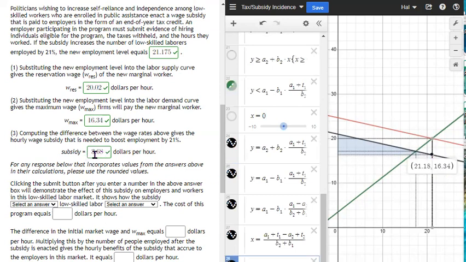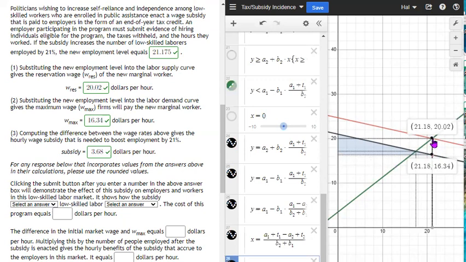Because the subsidy is $3.68, right? So out of pocket, they're only spending $16.34 because government is paying them this difference here, right?